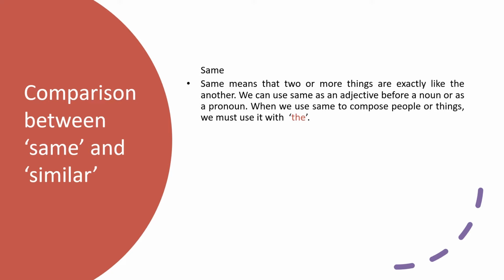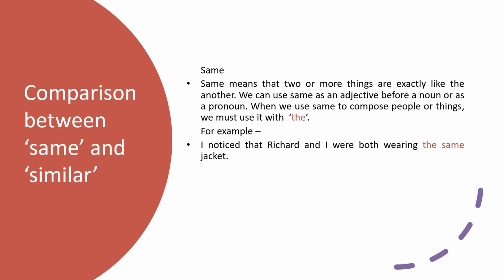When we use same to compare people or things, we must use it with the. For example, I noticed that Richard and I were both wearing the same jacket. So you can see that because two people are being compared, that is why the same has been used here.